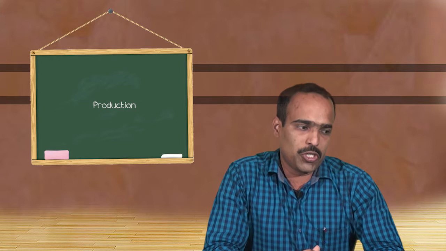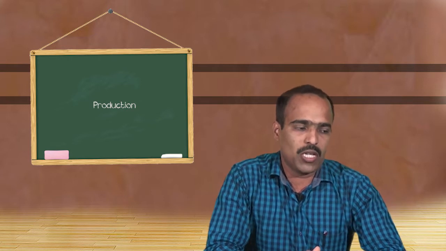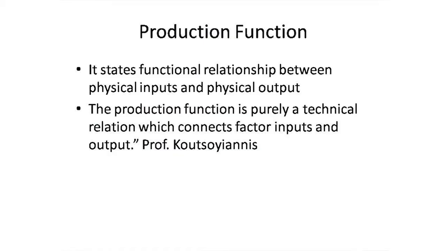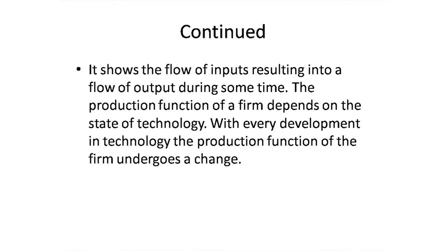Here production function represents functional relationship between physical inputs and physical output. According to Stigler, production function is purely a technical relation which connects factor inputs and output. It shows the flow of inputs resulting into a flow of output during some time. The production function of a firm depends on the state of technology.